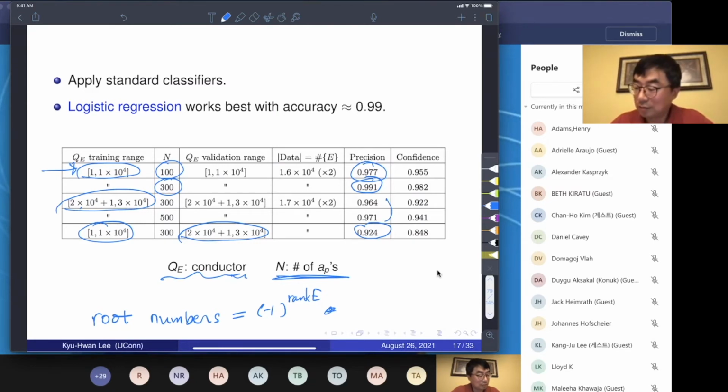Okay, I wish there was someone. If one of the people listening here is an expert, then maybe they can say: the root number is the sign of the functional equation of the L function. It's not simply a simple function of the rank. If the root number is negative, then the rank has to be odd.